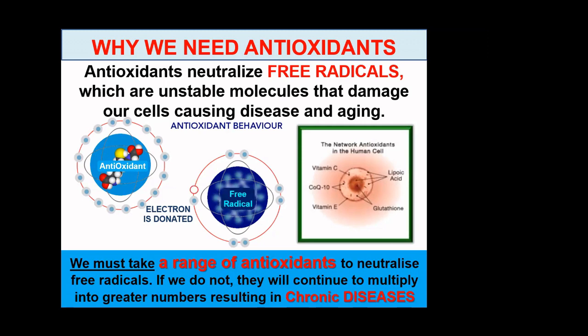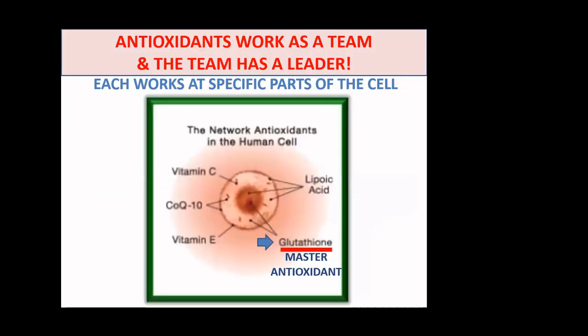Inside the cell, these are the 5 compulsory antioxidants, and they are called the network antioxidants. So we must take a range of antioxidants to neutralize free radicals. If we do not, they will continue to multiply into greater numbers, resulting in chronic diseases. So this is a team that is keeping our cells healthy as far as fighting free radicals. And their boss, the leader, the master is glutathione.